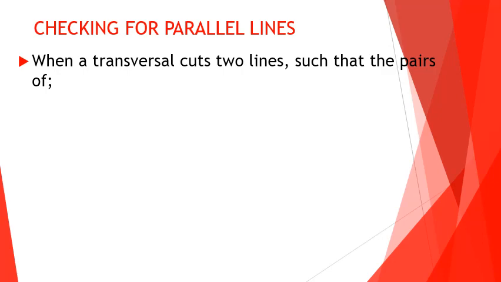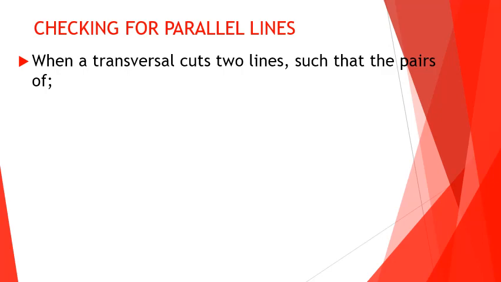So, we can say that if the lines are parallel, the corresponding angles and alternate interior angles formed are equal, and the interior angles on the same side of the transversal are supplementary. So, to check for parallel lines, if two lines are intersected by a transversal and the corresponding angles are equal, then the given lines are parallel.